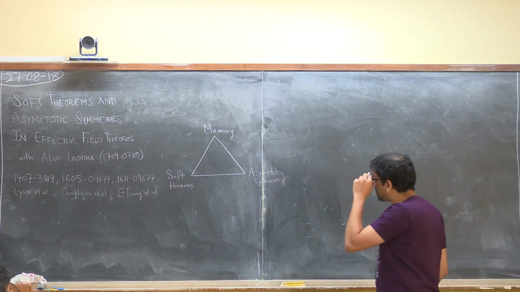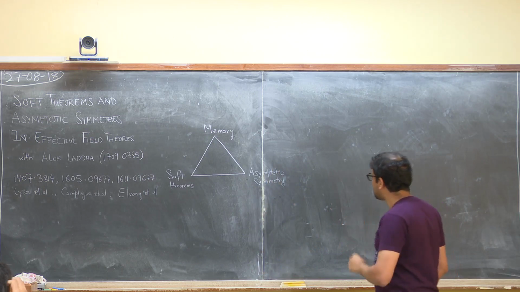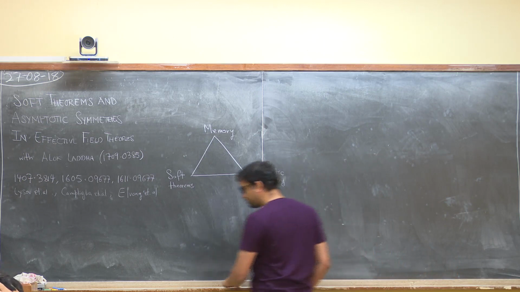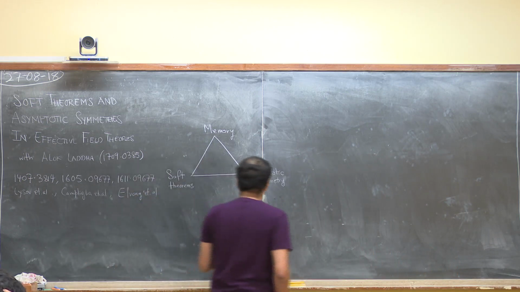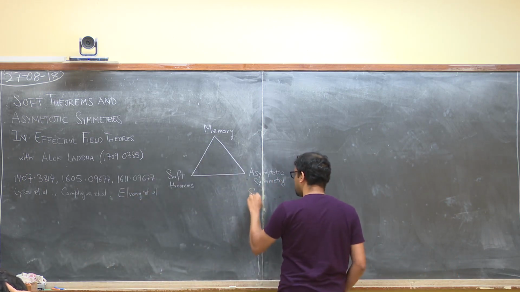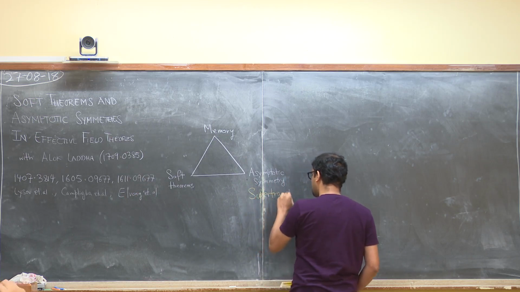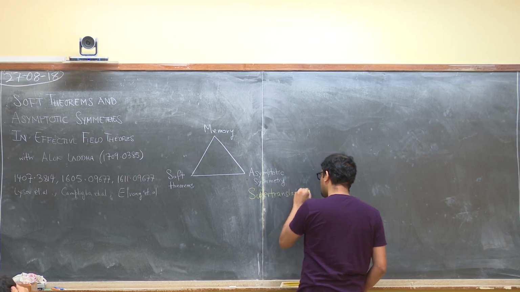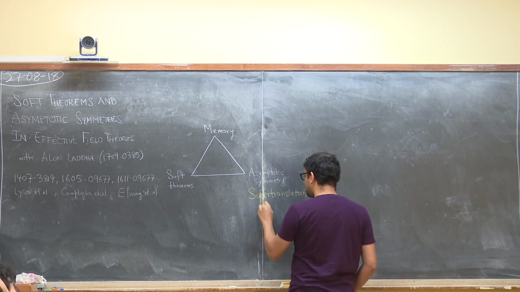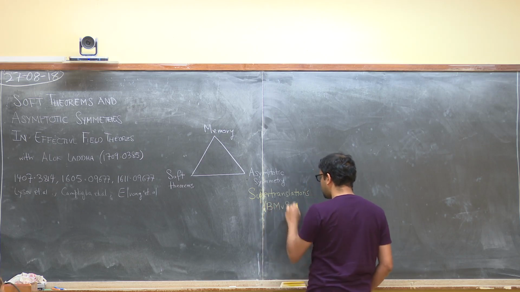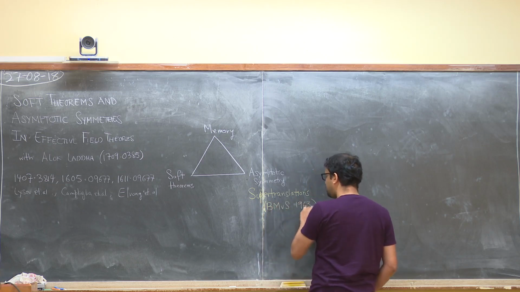So for instance, the classic example of this triangle is one in which on this side you have supertranslations, which was derived by Bondi, Metzner, van der Burg, and Sachs in 1963.